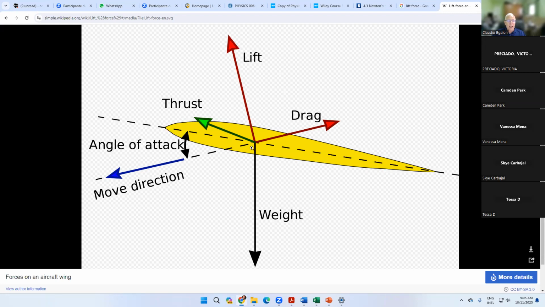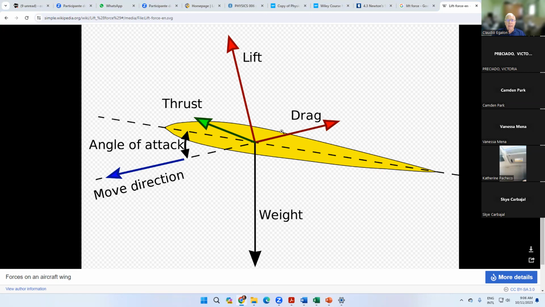Okay, and how does the lift come about? Well, it has all to do with the shape of this lower surface and the shape of the upper surface. When this airfoil or wing moves through the air, what happens? The air below the wing exerts a larger force on the lower surface than the upper surface.